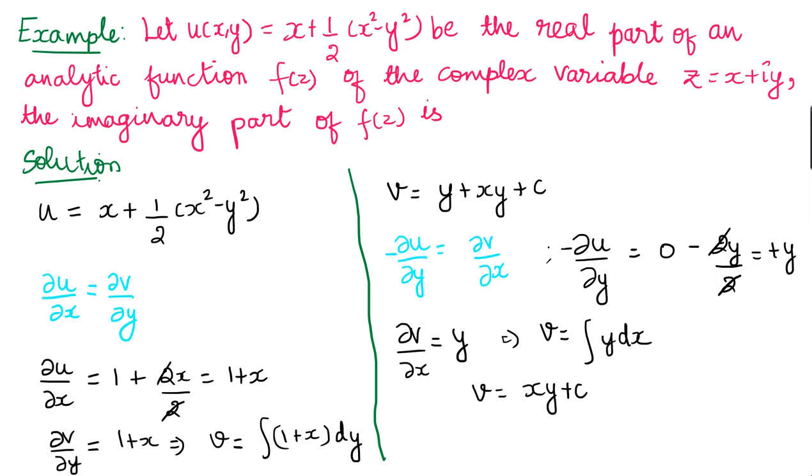On solving these two, I get first v = y + xy and the second v = xy. You have a common term, xy, so you take only one single xy. My imaginary part of the function is finally y + xy. I'm not including the other xy because they are common. I hope you understand this.